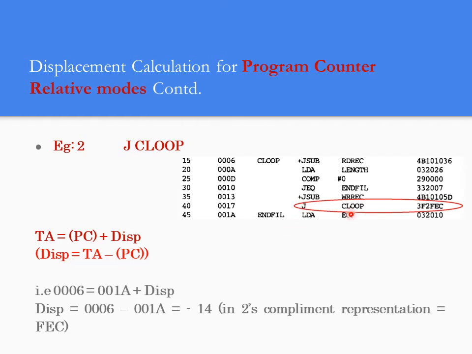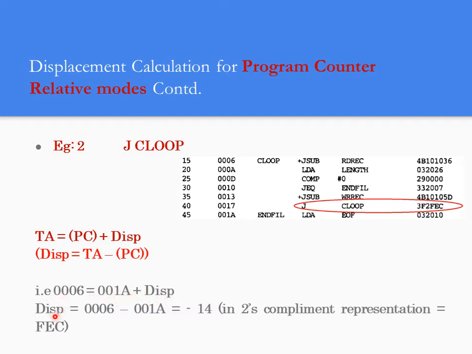So here, for JC loop, the target address is the address that points to the loop. The loop is at address 0006, and the program counter will point to the address 001A. So your target address 0006 equals the contents of PC 001A plus displacement.